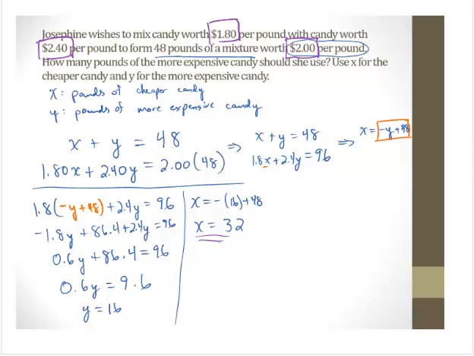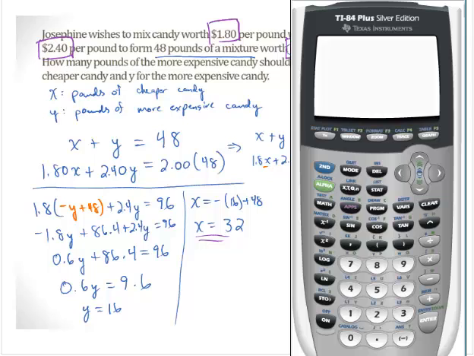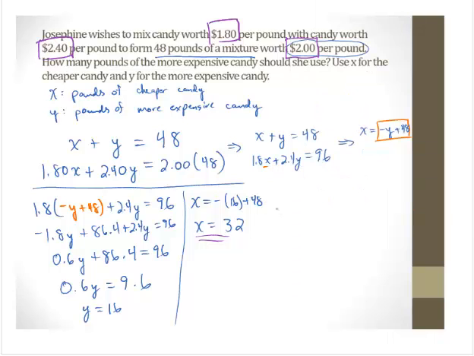The two values certainly add up to 48 pounds. Let's do a quick check of the value. $1.80 times 32 pounds plus $2.40 by 16 pounds is $96. So the value of the mixture was $96, and that's what we had earlier. And so I'm confident in my solution.